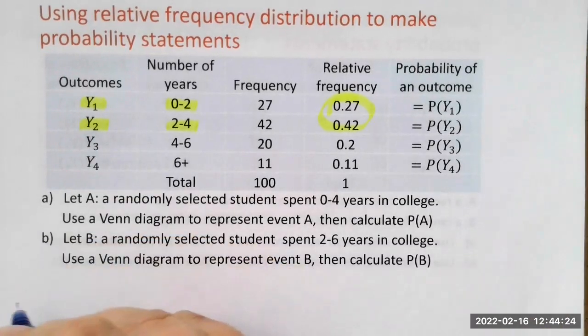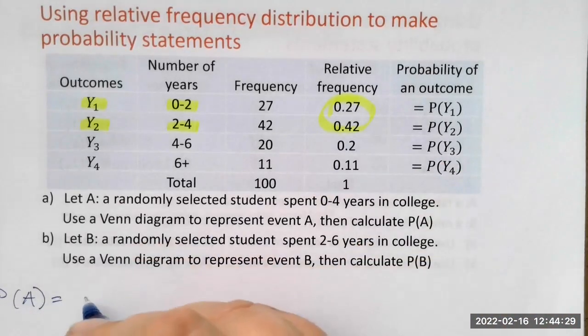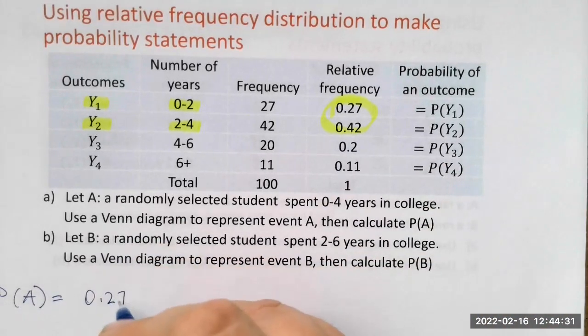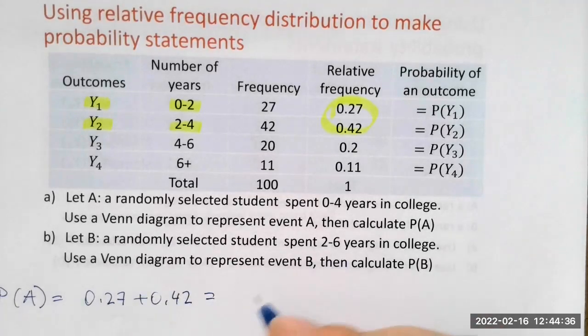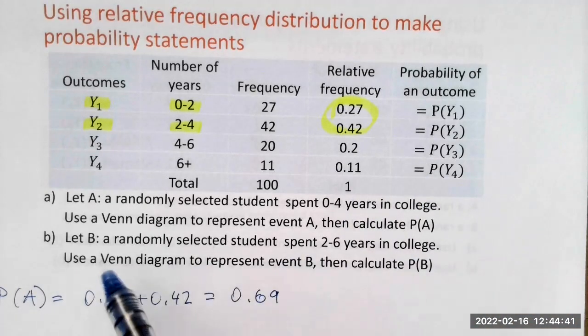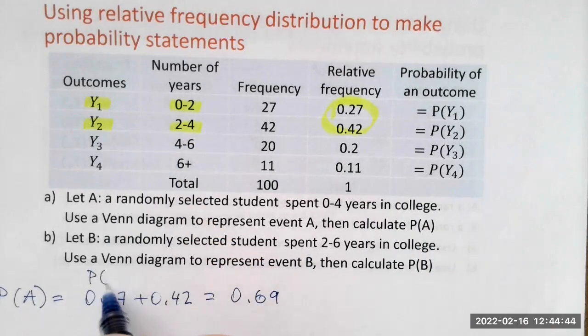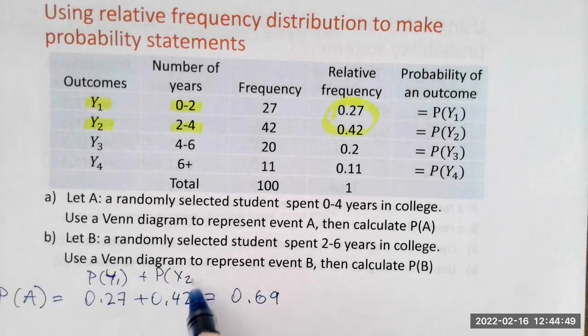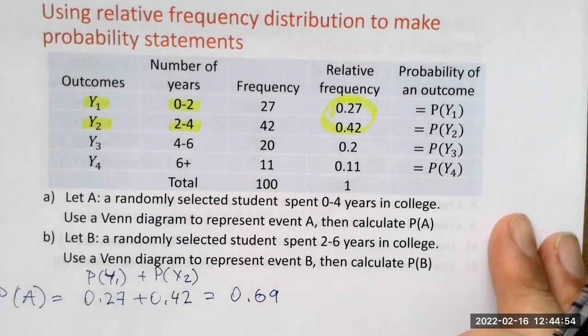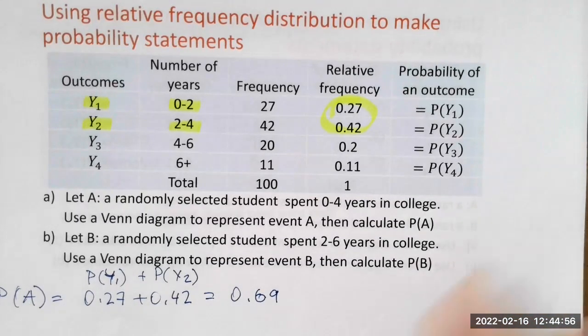We're going to say that the probability of event A is 0.27 plus 0.42, which will result in 0.69. So we added the probability of event Y1 and the probability of event Y2 to get our probability of event A.